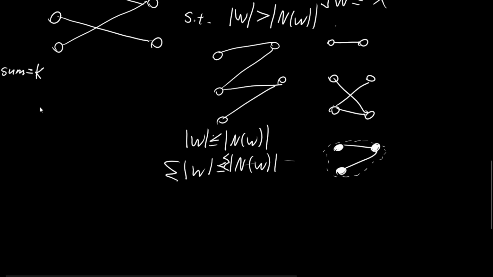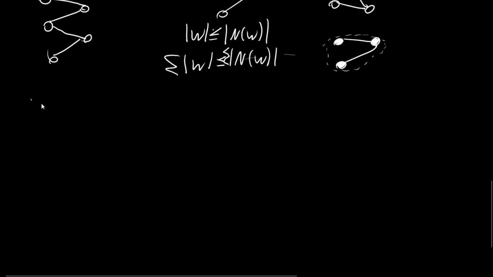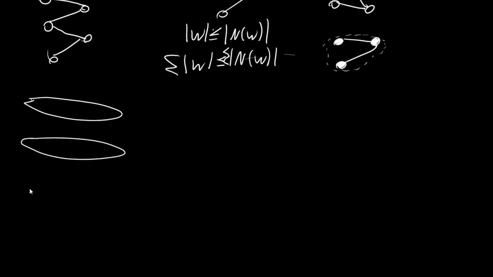So let me draw some subset here, for example, like this. This is some example. Now what we're going to do is maybe let's draw this grid, kind of. So we have some rows, more rows than columns.